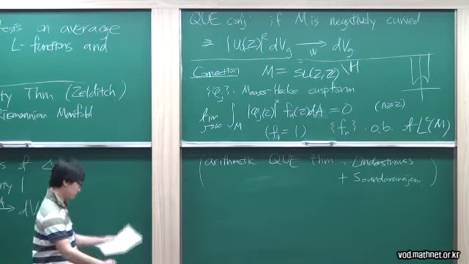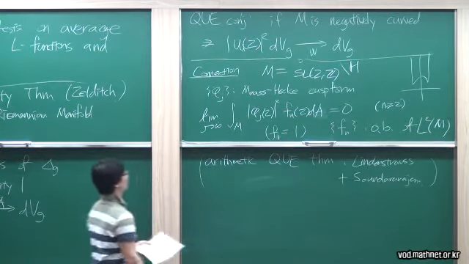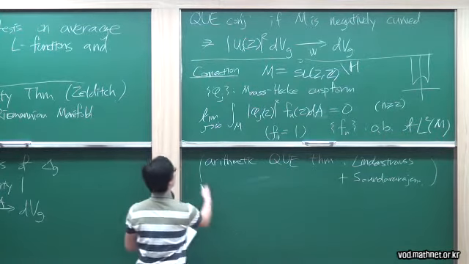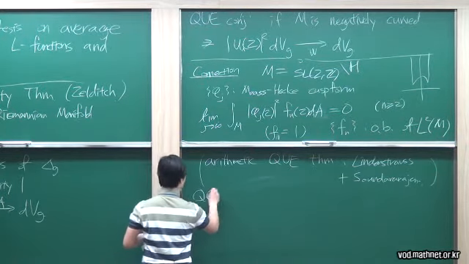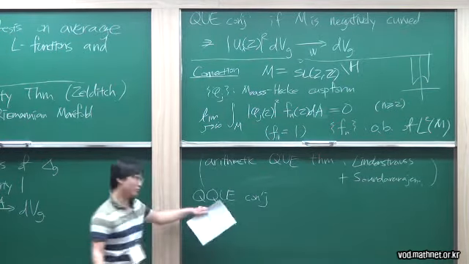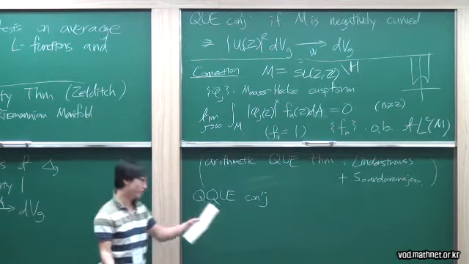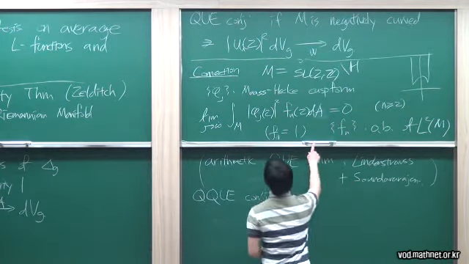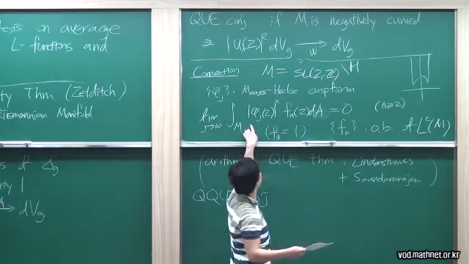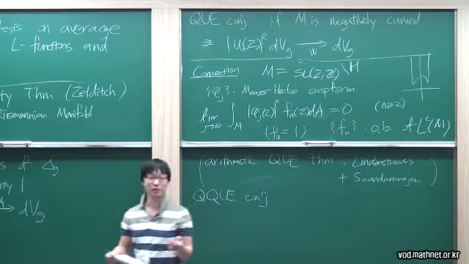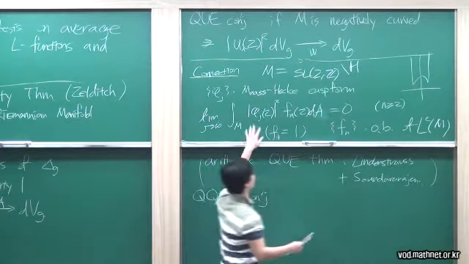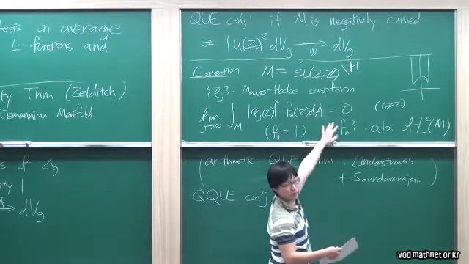So I still haven't got into any L-function business yet, but before that I would like to state another conjecture, which is the quantitative QUE conjecture. So the QUE conjecture tells you that the limiting measure weighted by V_j is the volume measure itself. And the quantitative version of this will be about the rate of convergence to 0.